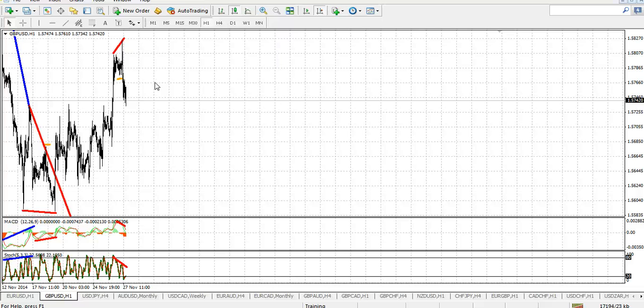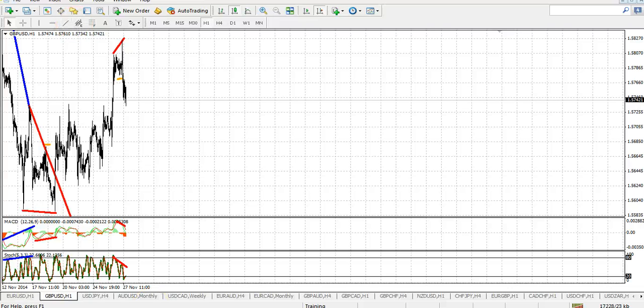So you should be using your time frames either, if you're very aggressive, the 5, 15 and 1 hour charts together, or the 1 hour, 4 hour and daily together, which is my preference, or the 4 hour, daily and monthly together, or the daily, weekly and monthly together. The smallest one out of the three is your trigger one, where you're looking for your divergence and your breakout points, and the two bigger ones you use to determine your trend.